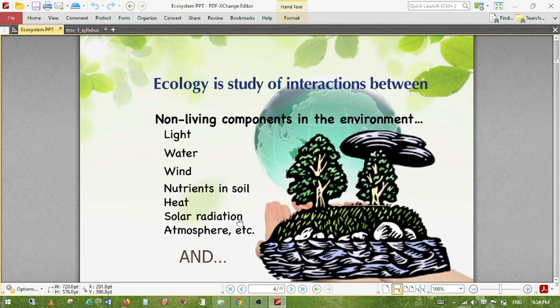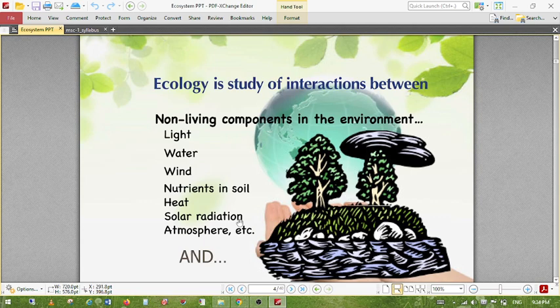The interaction between these organisms and the outer surroundings, including all living and non-living things, from birth to death: the organisms or species, what is their life cycle, how they interact with other things, that complete study is called the study of ecosystem.